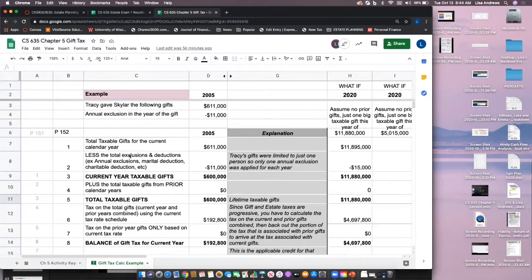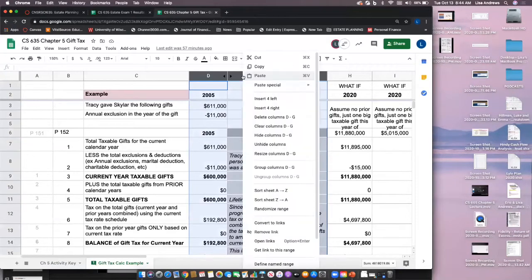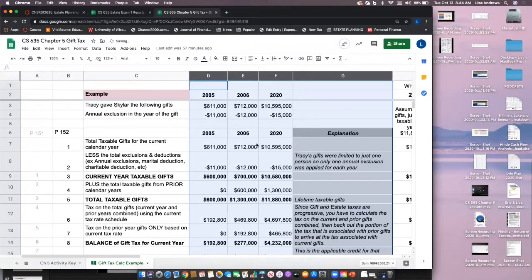Tracy gives his daughter Skylar outright gifts in 2005, 2006, and in 2020. And it includes an abbreviated schedule showing how we calculate the gift tax, and also how much of his lifetime exclusion he uses up. But before we look at those examples, I just want to emphasize something.